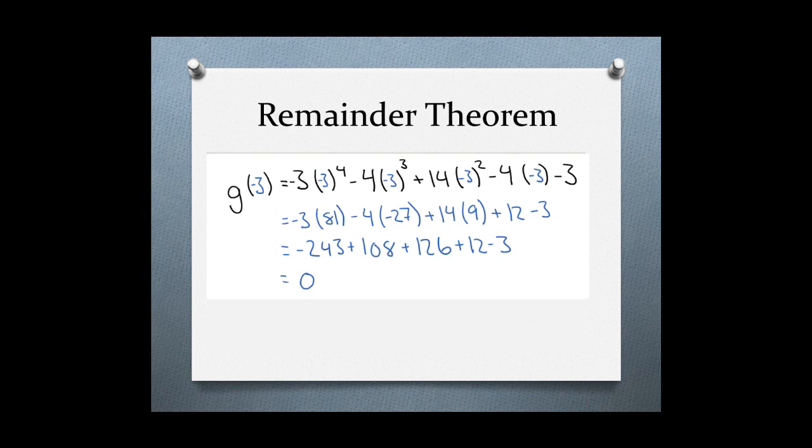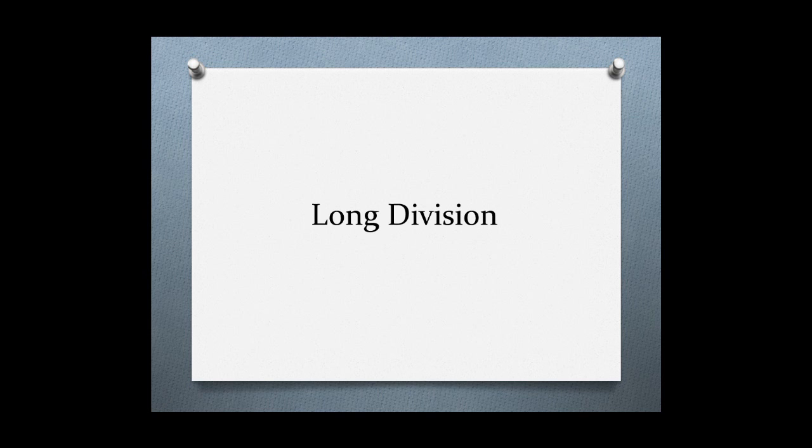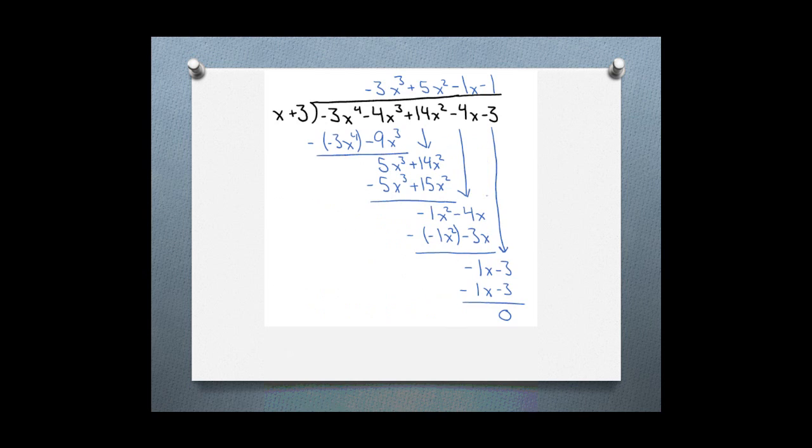So we know that x plus 3 is a factor of the equation. Now we long divide. We divide x plus 3 into the equation, and we find that negative 3x cubed plus 5x squared minus 1x minus 1 is what we are left with.